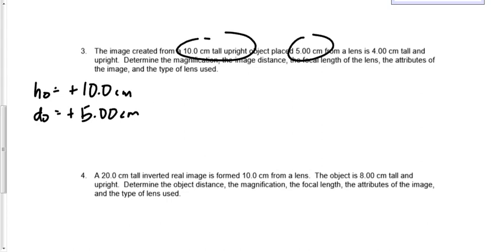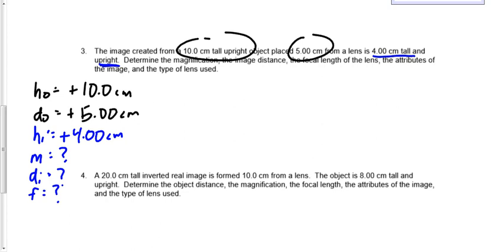The image created is 4 centimeters tall. That means our image height is 4.00 centimeters, and it tells me in the question that it's upright. We're going to determine the magnification, the image distance, the focal length of the lens, the attributes, and the type of lens that we have.